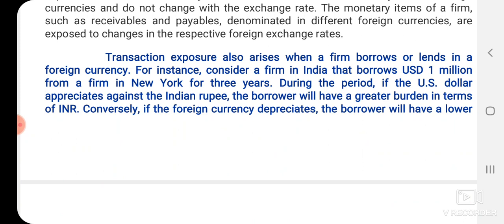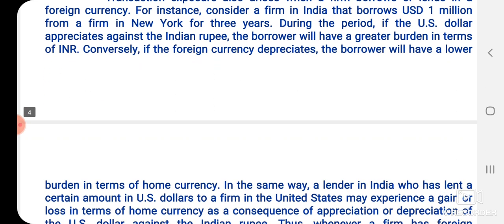During this period, if the US dollar appreciates against the Indian rupee, the borrower will have a greater burden in terms of Indian rupees, is it not? When there is an appreciation of the US dollar, automatically there will be a greater burden in terms of Indian rupees. Why? Because there is a huge amount of 1 million US dollars. Conversely, if the foreign currency depreciates, the borrower will have a lower burden.